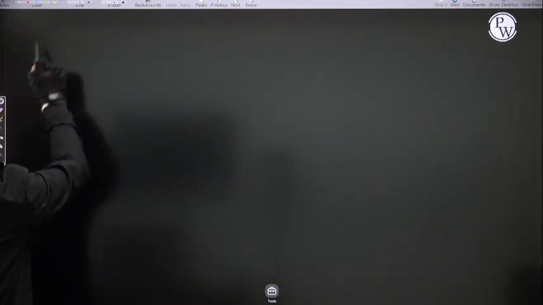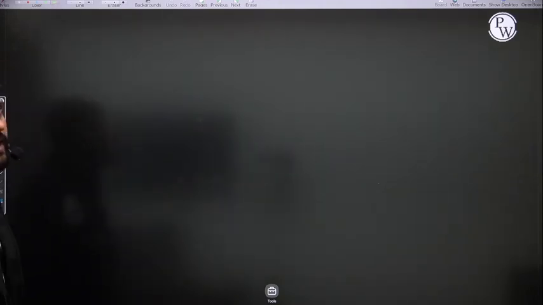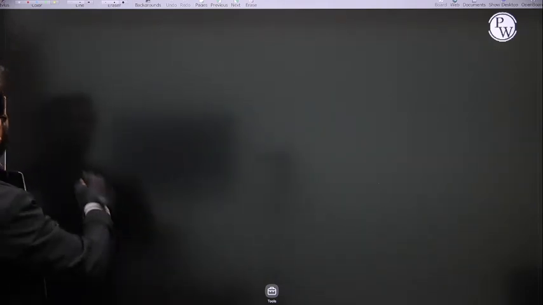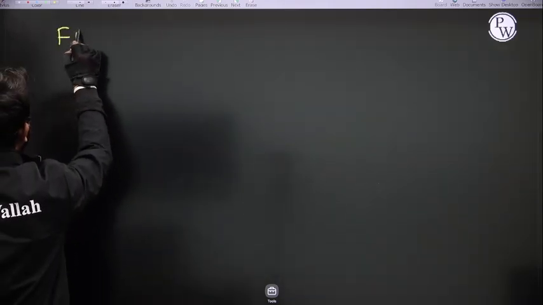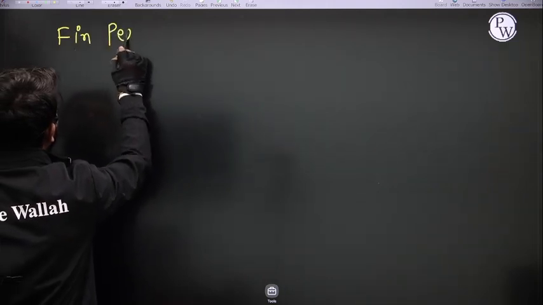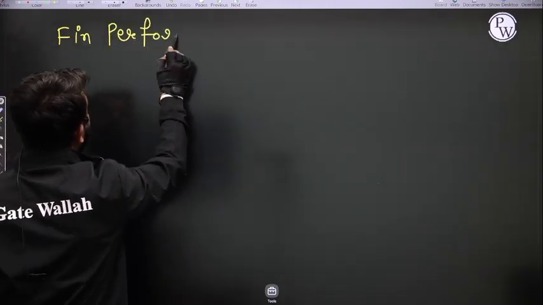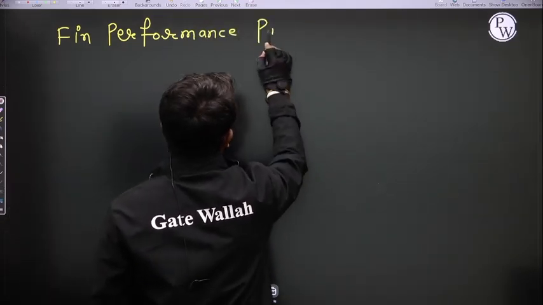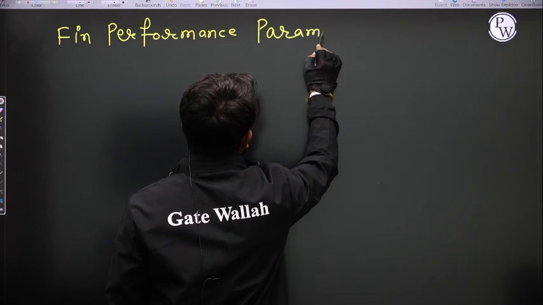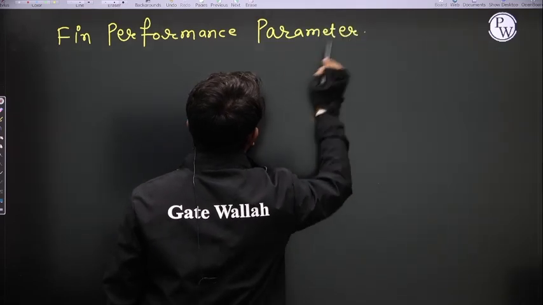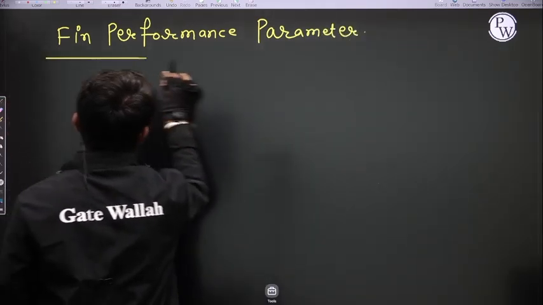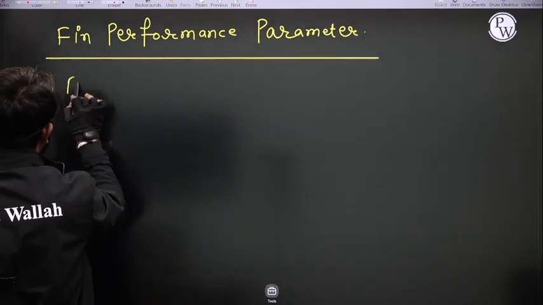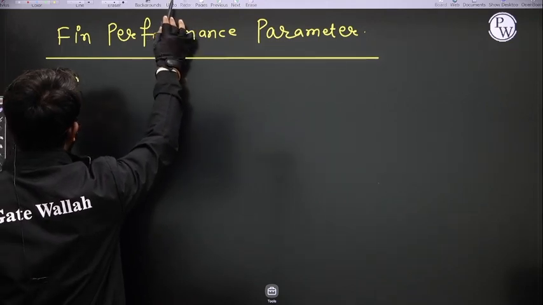Now come to the next concept, fin performance parameters, and there are two parameters. The first one is efficiency.